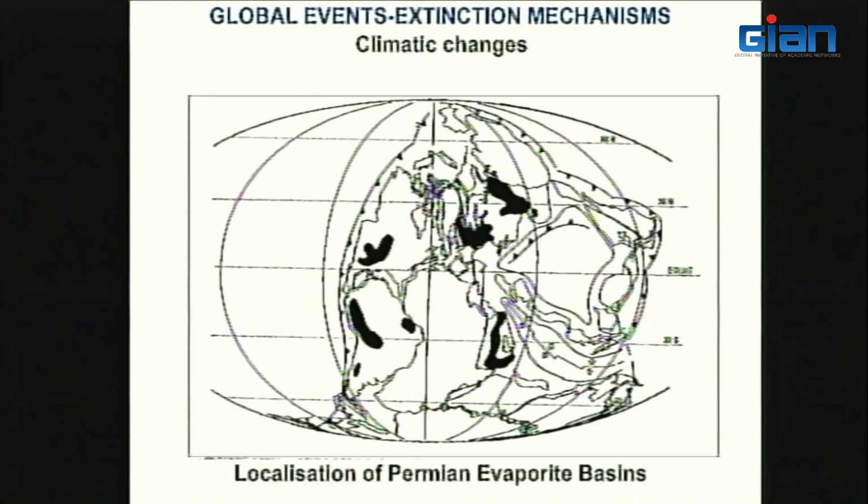And this is clearly a huge change in salinity, because what happens is you will more or less have a sequestration of the salt in these internal basins, and the global ocean here, and especially here, will be less salty. You have a huge variation in salinity. And some animals, like the echinoderms, don't like it. So they will really suffer a lot. So these things also have some importance.